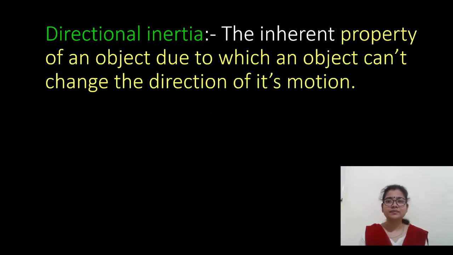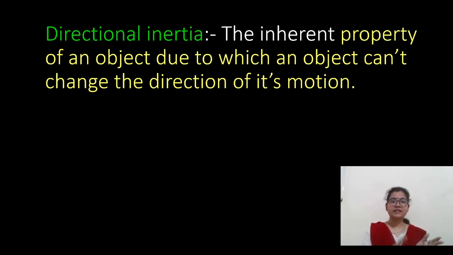Directional inertia, the inherent property of an object due to which an object can't change the direction of its motion. First we have seen inertia of rest, which means if an object is at rest, it will remain at rest. In the second case, we have seen inertia of motion: if an object is in motion, it will continue in motion.